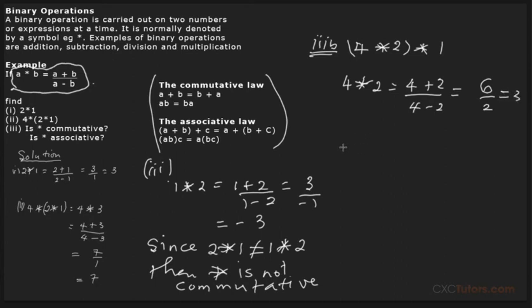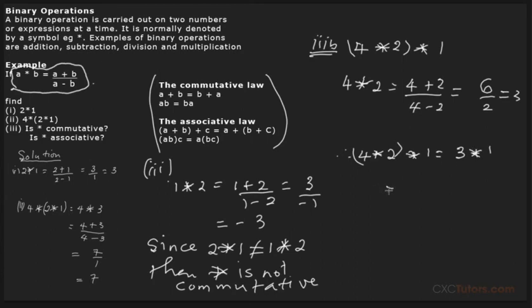So we are now trying to find the value of 3 star 1. Why 3 star 1? Because 4 star 2, let me just make a note for you to see exactly what I'm doing, 4 star 2 star 1, like this, is the same thing as 3 star the value of 1, because 4 star 2 is 3.